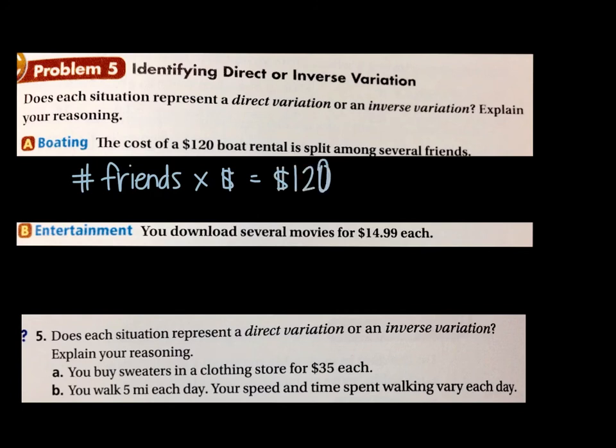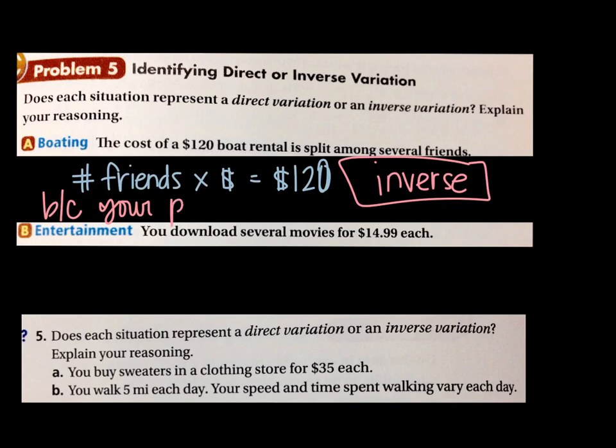It doesn't matter if 10 friends are paying or if 12 friends are paying, the total is always going to be $120. So since the product is always going to be $120, the product is the same, so this is an inverse variation. And the reasoning is because your product is constant.